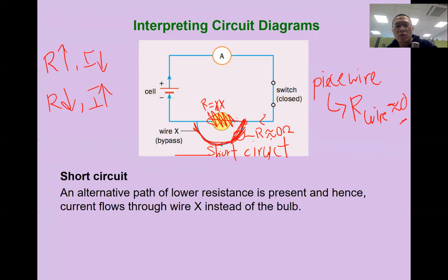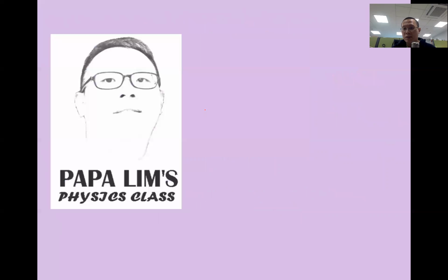It will not want to flow through the bulb, because this cable is the path with the lowest resistance, or to be exact, 0 resistance. All my current will take the less difficult path and bypass the light bulb itself. Because of that, the light bulb will be shorted. This is what I mean by a short circuit. A short circuit, as we will see later, is actually quite dangerous. So these are the components that we look at.